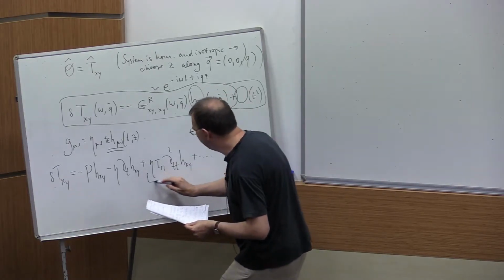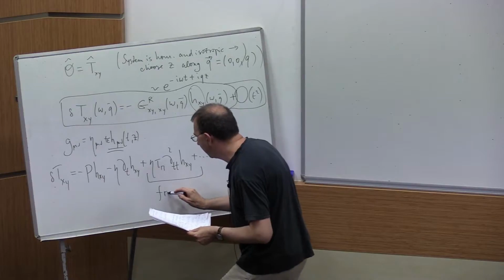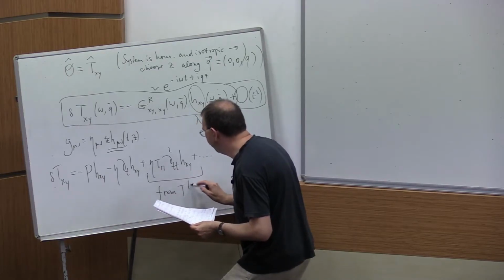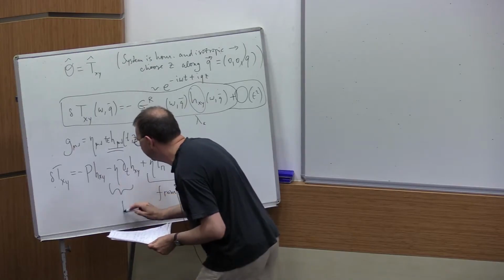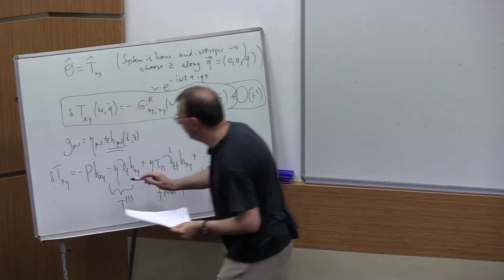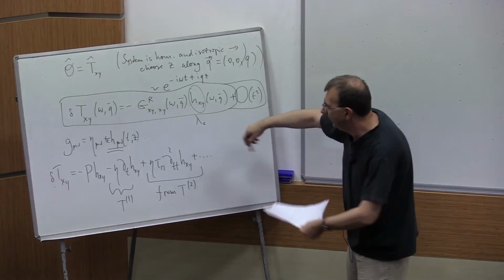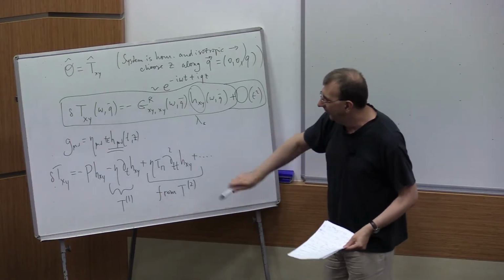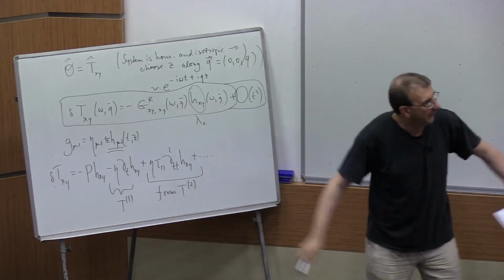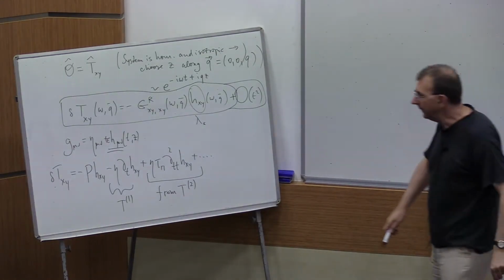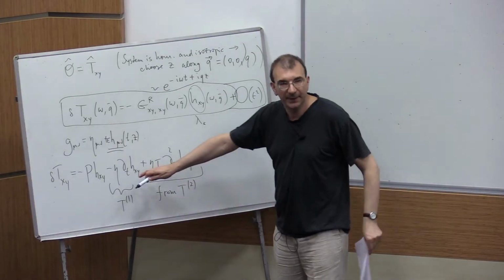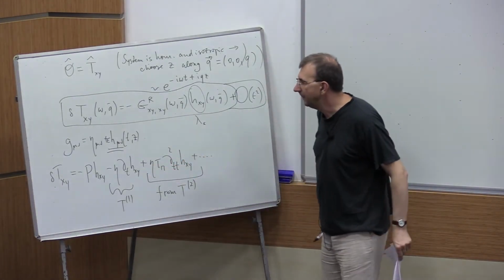Right, so this term comes from T2, okay? And this guy comes from T1, okay? And then you can continue this indefinitely, right? So this formula follows from here. You are responsible for the derivation of this formula. It takes some time, but it's relatively straightforward.